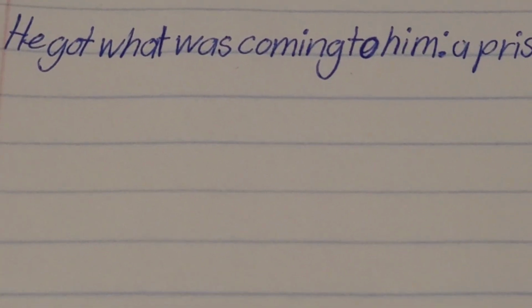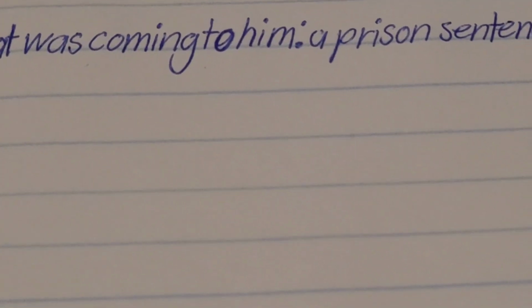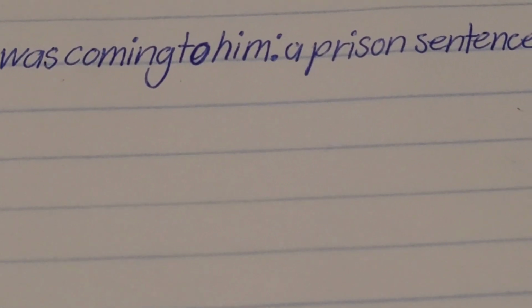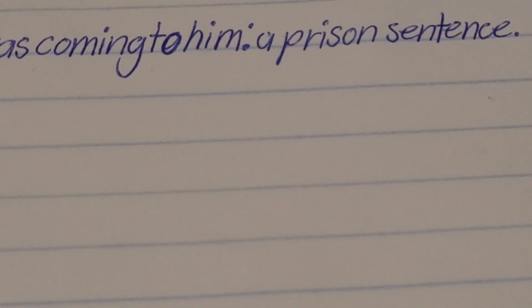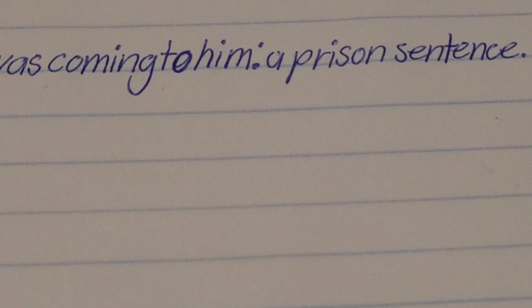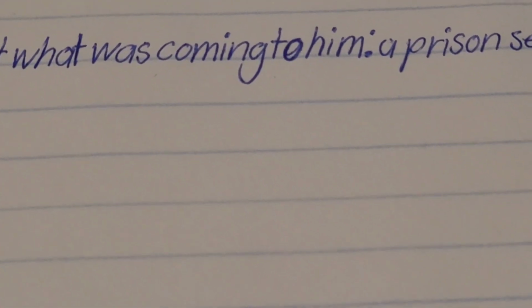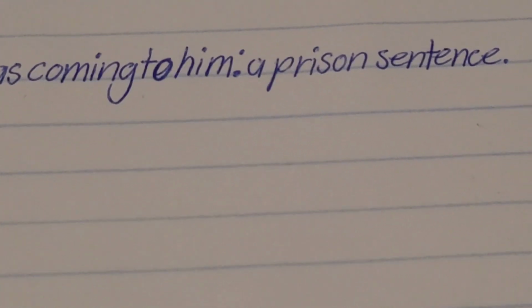Instead, after writing "he got what was coming to him," I could have just ended it with a period. That was my point of adding a colon, just to add a second statement to complete the whole sentence. He got what was coming to him: a prison sentence.